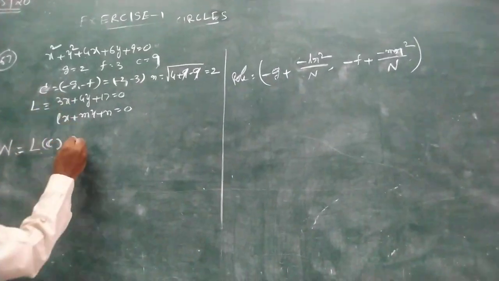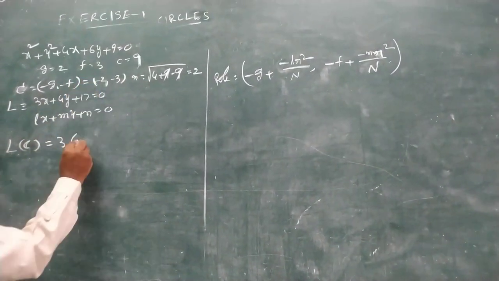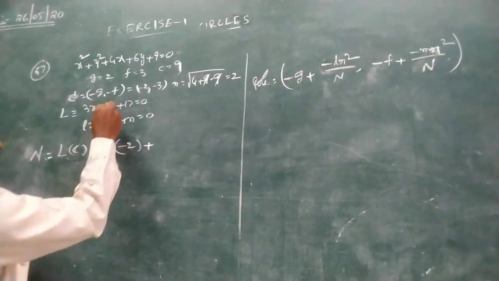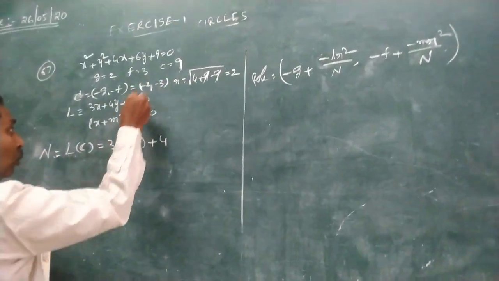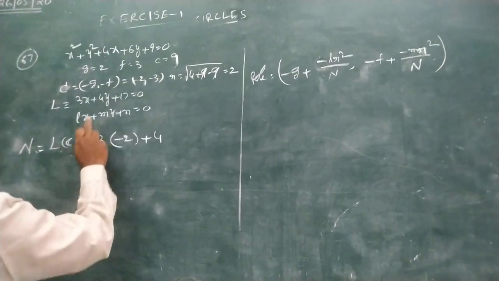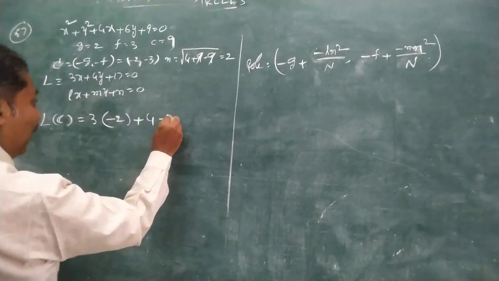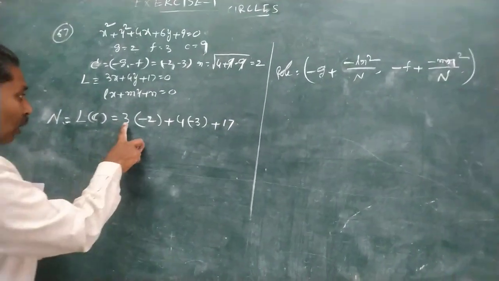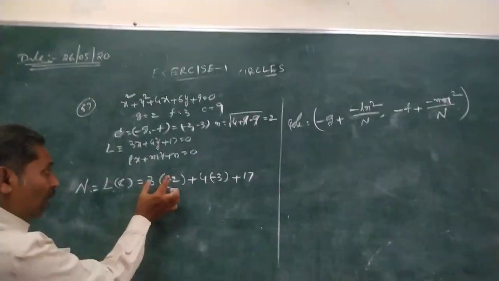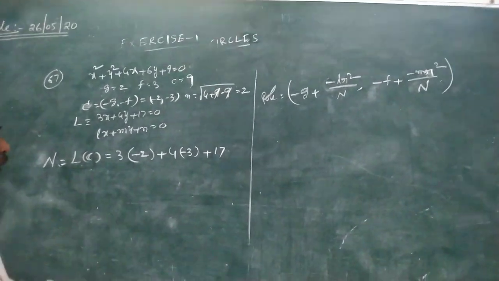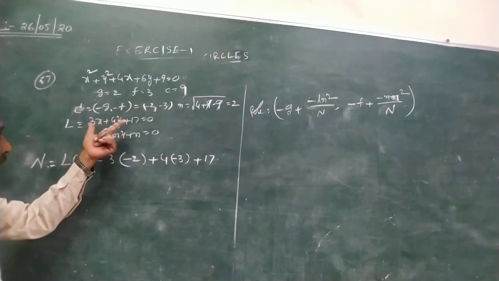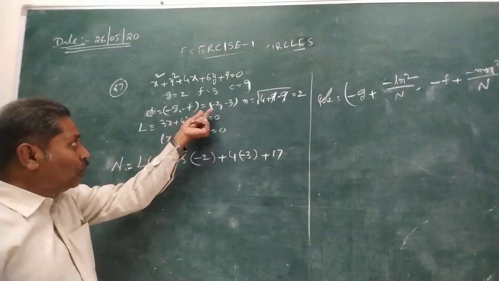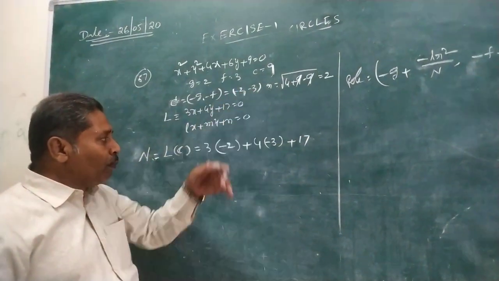So 3 into center plus 17. So L at C. Substitute the center in the line equation where x value is -2, y value is -3.